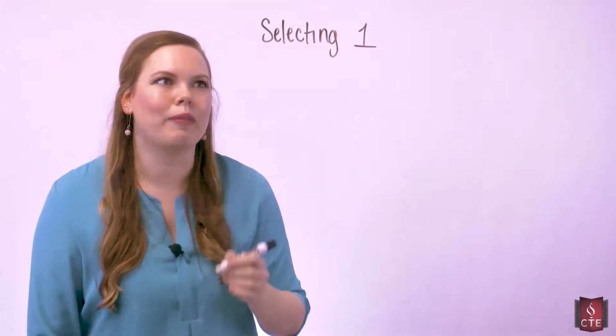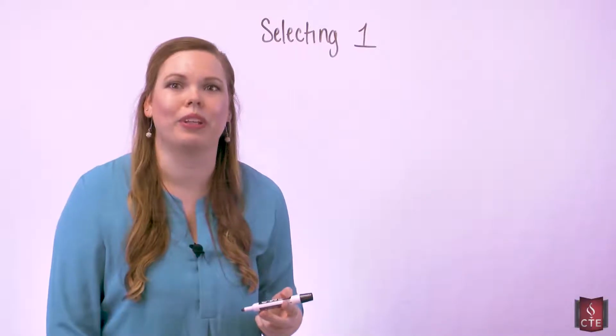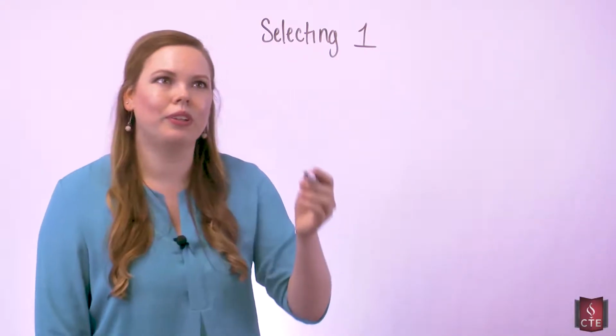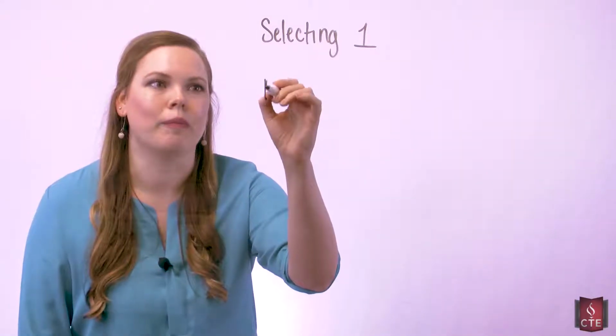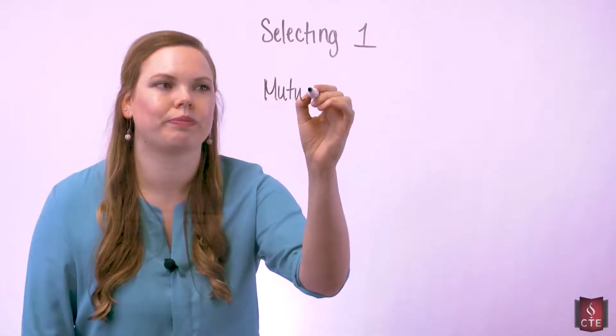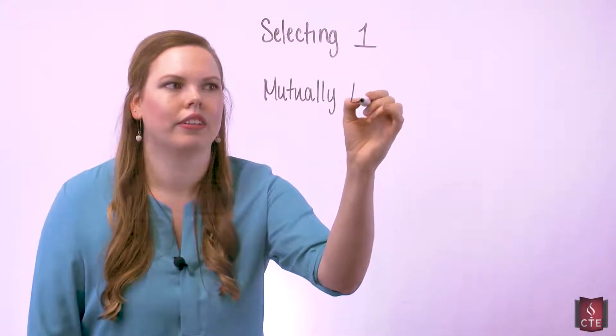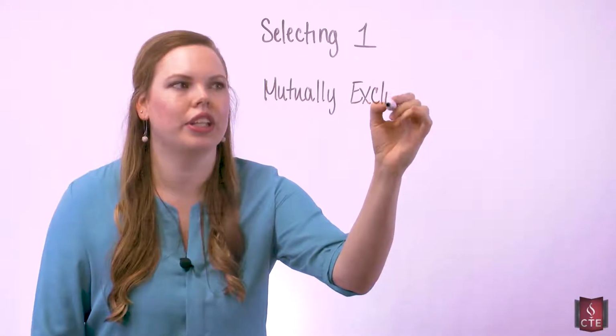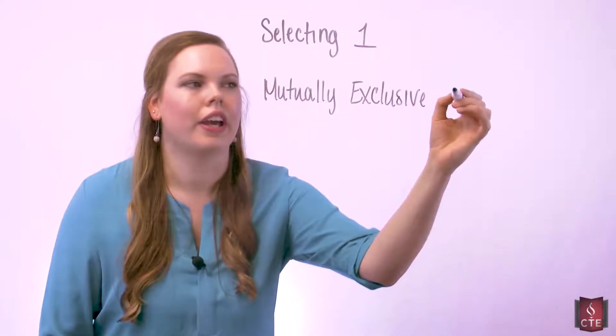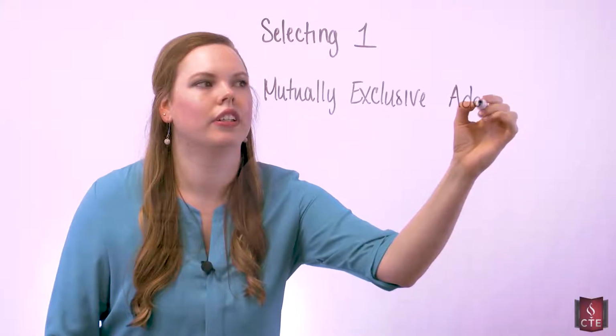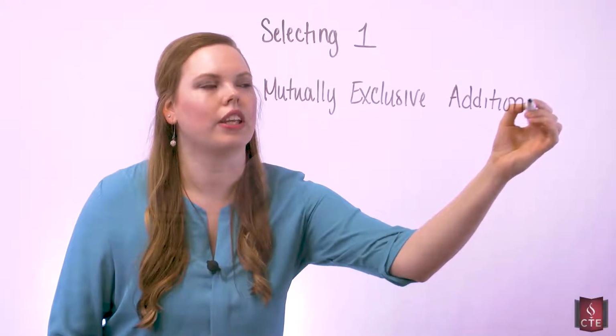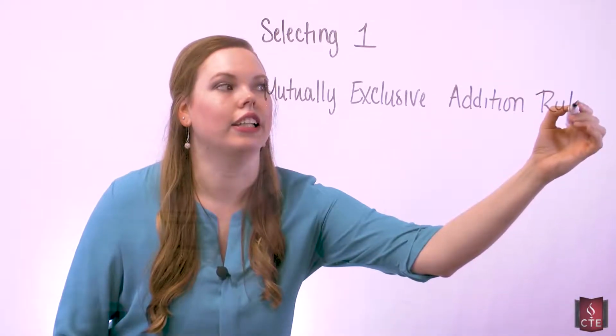So OR probability, there are two rules with OR probability. We'll start with a simpler rule, when the two events are mutually exclusive. So this is the mutually exclusive addition rule. OR probability uses addition.